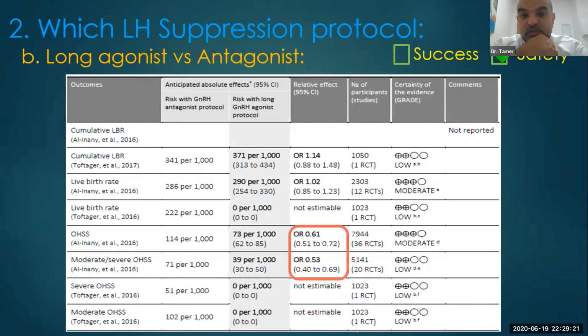But antagonist is definitely safer, and this makes me echo the recommendation which Professor Sankara has kindly alluded to in her presentation, that if you go for the long agonist, it may be very good to be prudent with the dose, and maybe then use softer stimulation to avoid the hyperstimulation syndrome, because you are more at risk.